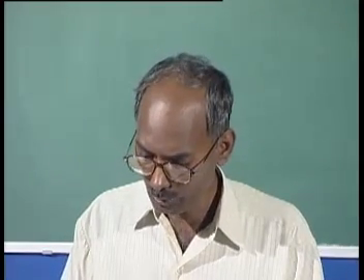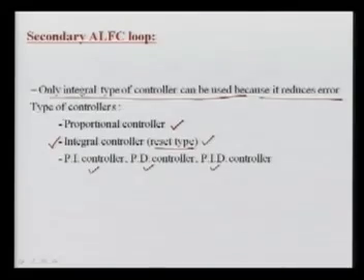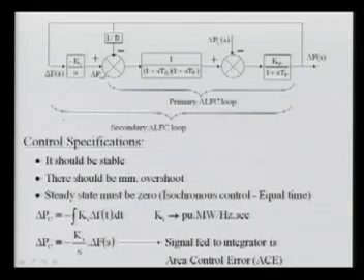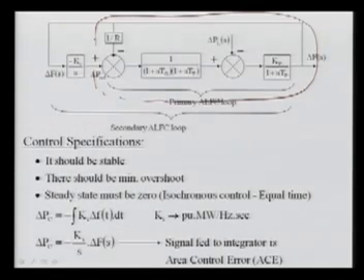So here you can see how we are going to add that. From this block, you can see this is nothing but your primary ALFC loop, the primary automatic load frequency control loop. Now we are adding this P reference, that is PC, which we are going to change, and the frequency we want to be integrated.